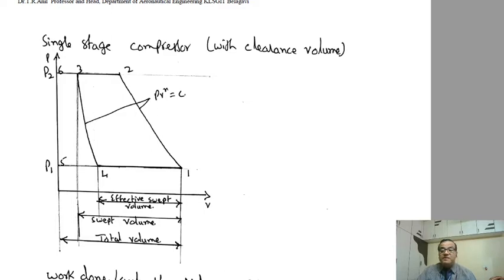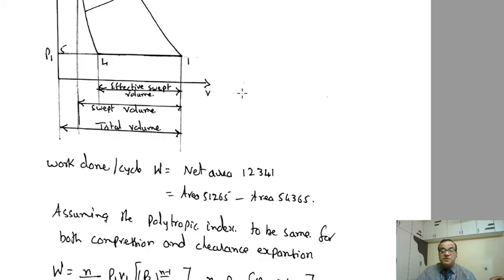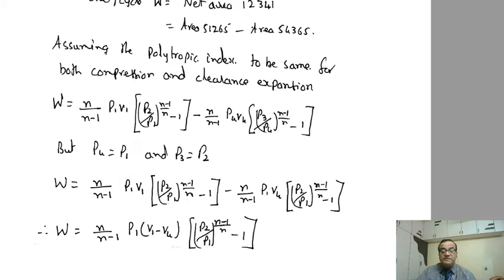So that's what has been shown here. n by n minus 1 P1 V1 [(P2 by P1) to the power of (n minus 1) by n minus 1], minus n by n minus 1 P4 V4 [(P3 by P4) to the power of (n minus 1) by n minus 1].